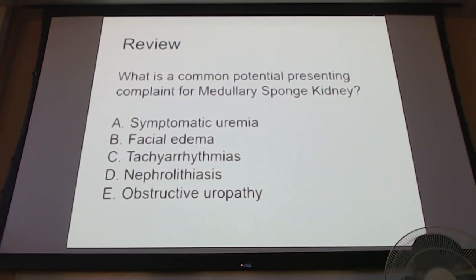Obstructive uropathy is dysfunction as a result of obstruction. So if you have an old male patient with BPH for years and years, and they don't empty their bladder well, and they've got degradation in their renal function that's due to that obstruction, that's obstructive uropathy.